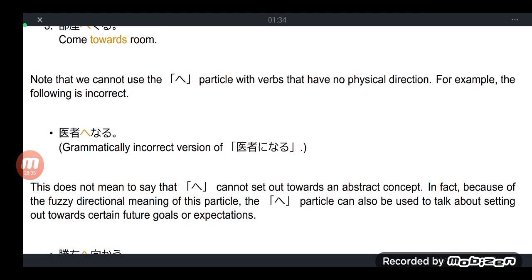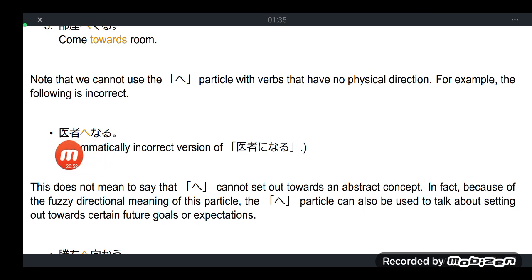So note that we cannot use the e particle with verbs that have no physical direction. For example, the following is incorrect. Isha e naru.